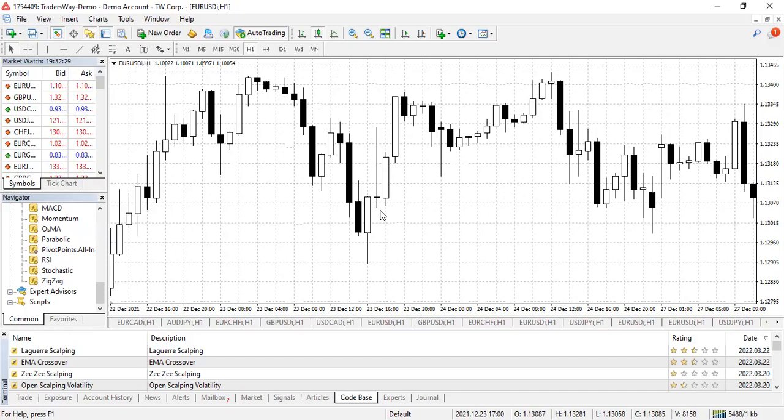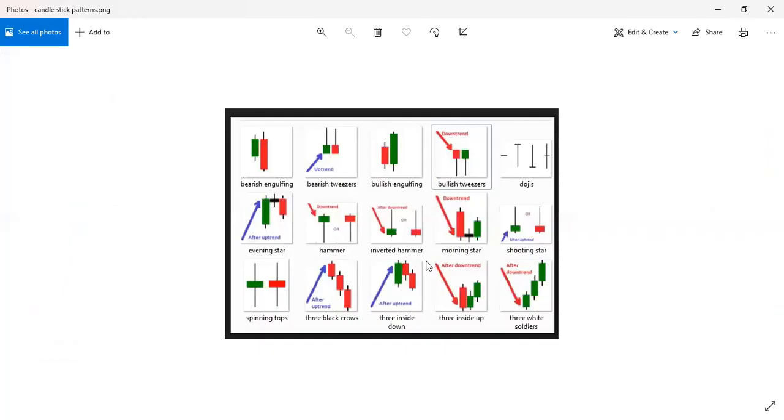So let us look at another, last example for today: three inside up and three inside down. Let me show you my image. So this is three inside down and this is three inside up.